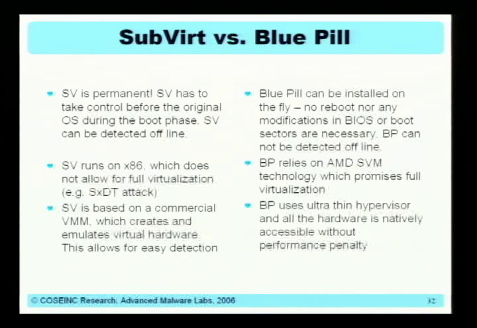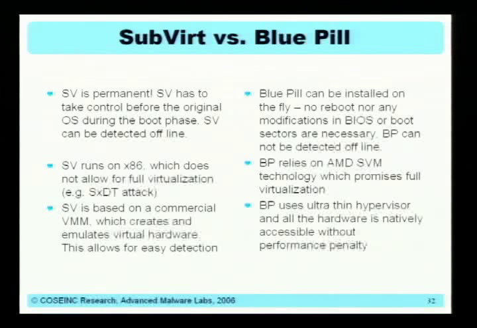For example, I implemented a little program called RedPill a few years ago, which can be used to detect a virtual machine by just using a design issue with this. Because the x86 architecture doesn't allow for full virtualization, because there are sensitive instructions which are not privileged. On the other hand, BP relies on hardware virtualization, which promises full virtualization.